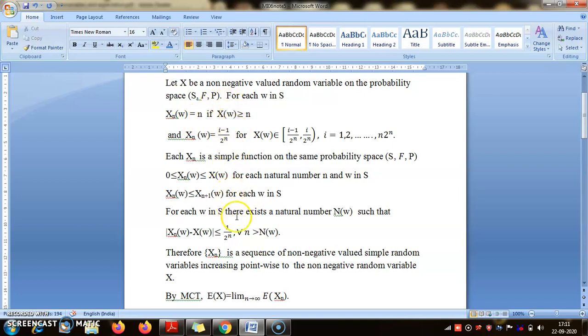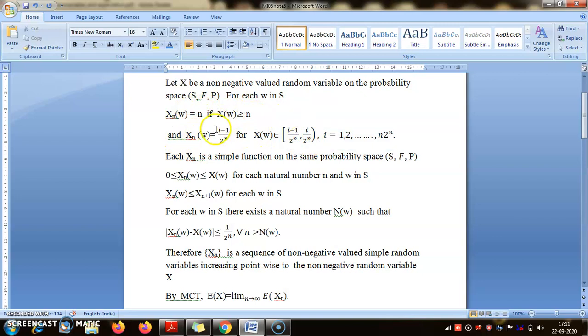As you increase the value of n, 1, 2, 3, 4 and so on, eventually you will get an n such that X(ω) is less than n. That comes from the Archimedean property of real numbers. That number is nω. So once you take n greater than nω, those n's are the case where n is greater than X(ω), that is, X(ω) is less than n. So this part is no longer there.